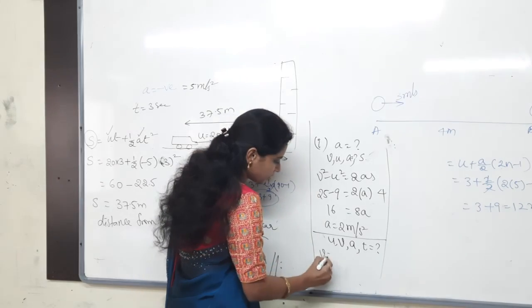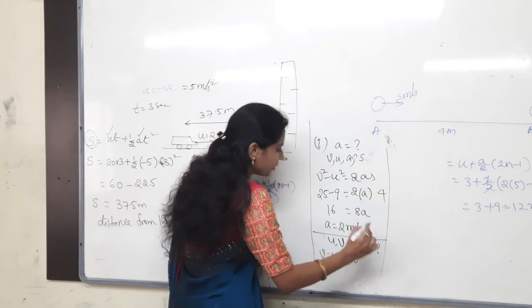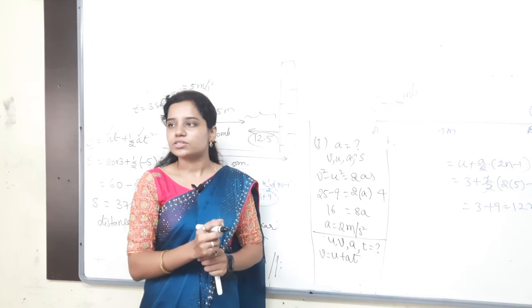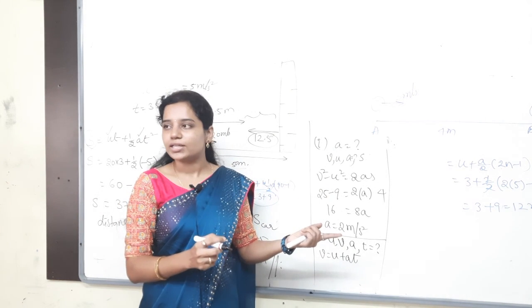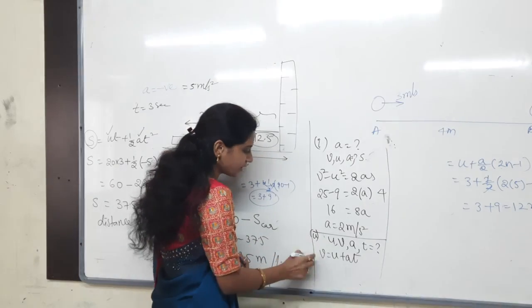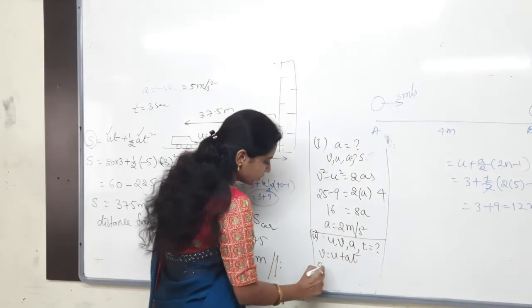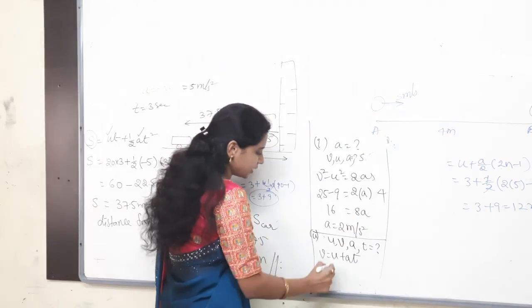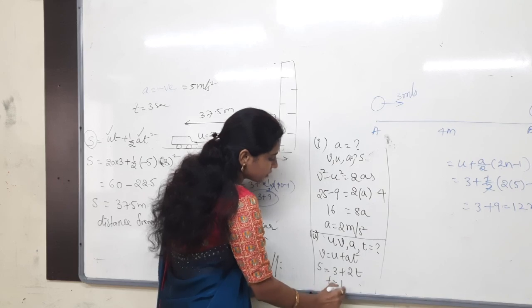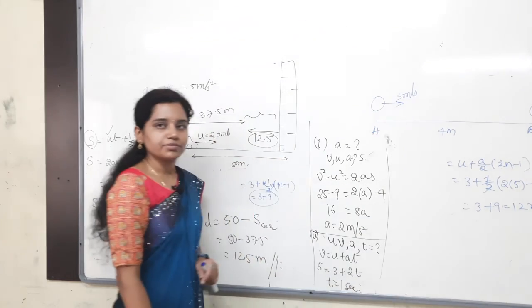But that gives a quadratic equation, which will take more time to calculate, so this is the easiest method. Final velocity is 5, initial velocity is 3, plus acceleration 2 into t. Then t equals 1 second.